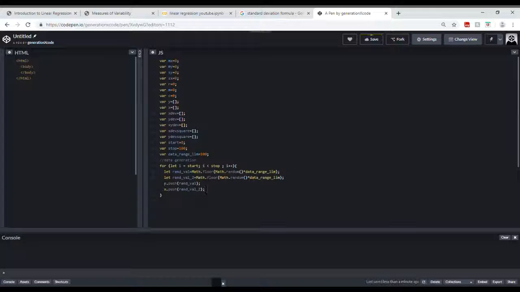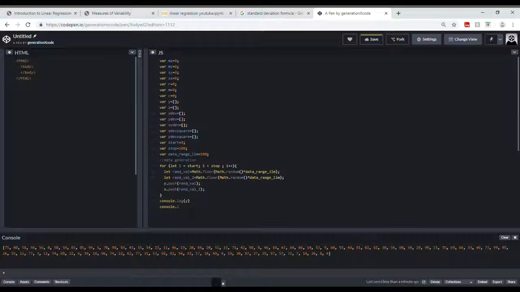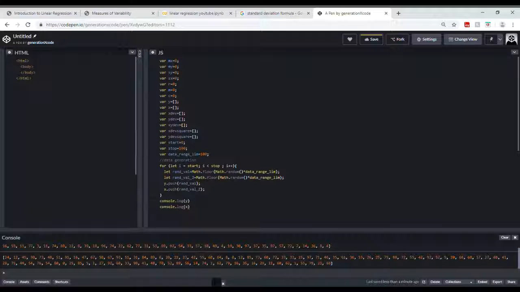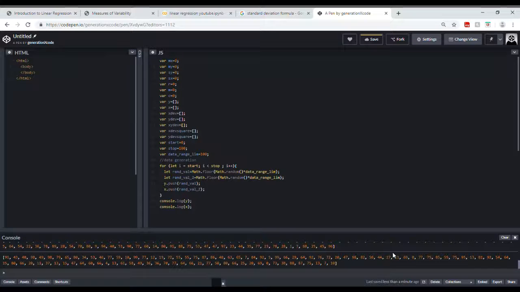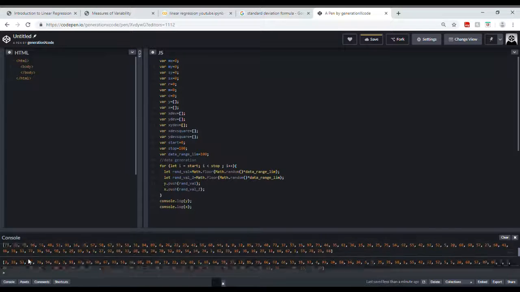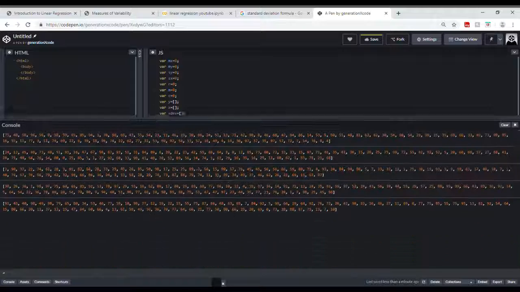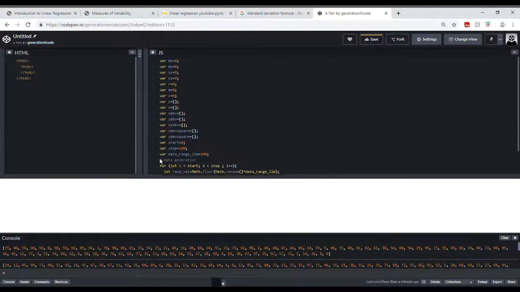You want to see the data? Let's show you the data. console.log y. console.log x. And of course we need the semicolon right there. Why can't this be bigger?